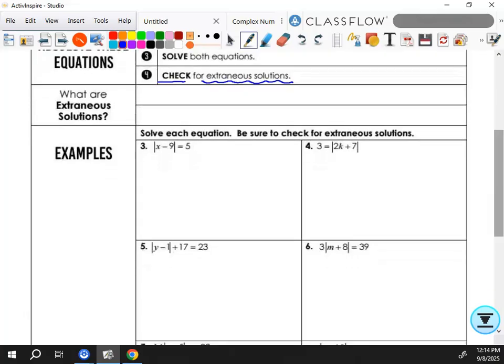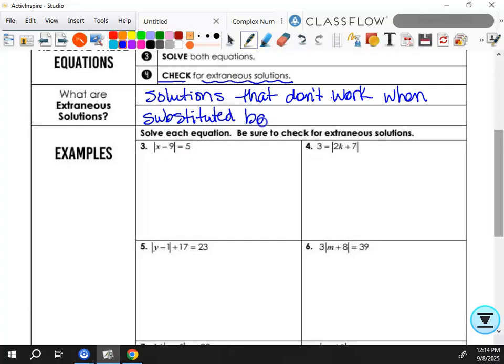They are solutions that don't work when substituted back in.